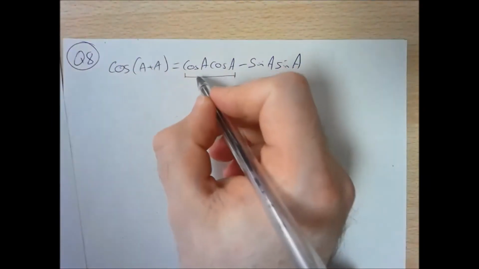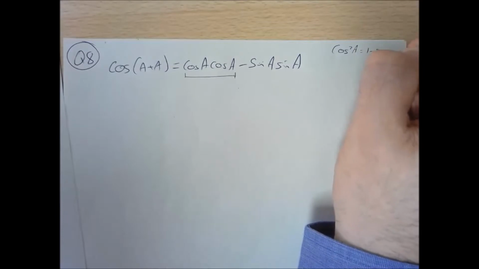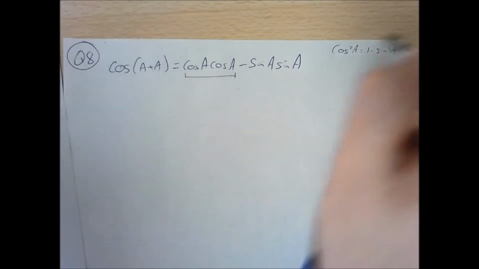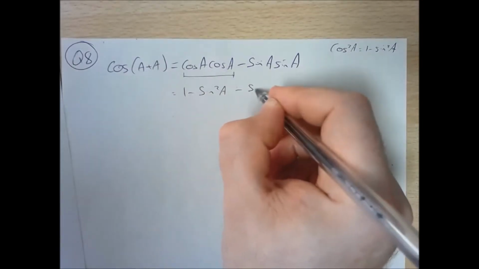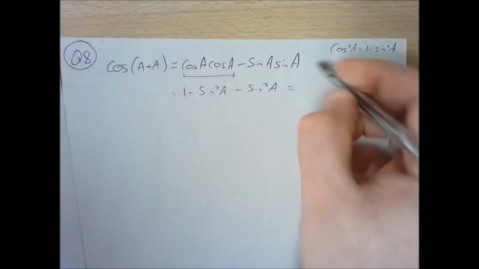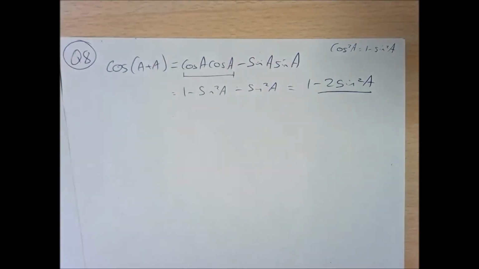So we're going to replace this using cos squared A is 1 minus sine squared A. So we're going to write this as 1 minus sine squared A minus sine squared A, which is 1 minus 2 sine squared A, which is the result they asked for.